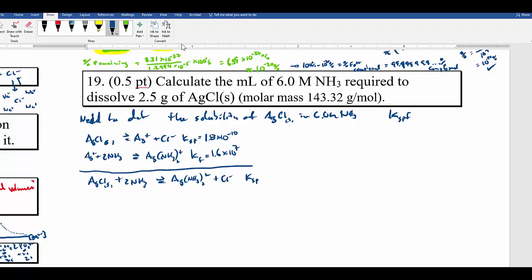So we end up with KSPF. It's going to be KSP times KF. And so 1.8 times 10 to the minus 10 times 1.6 times 10 to the positive 7. 2.88 times 10 to the minus 3.